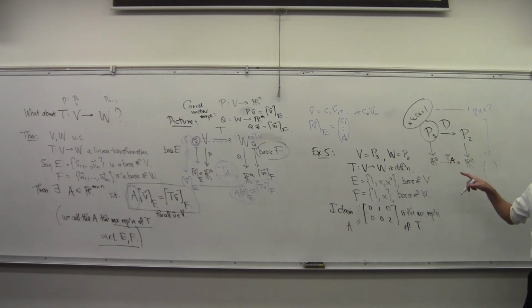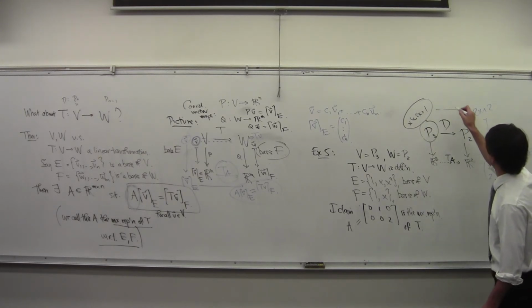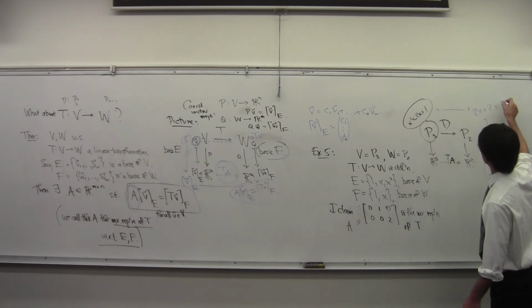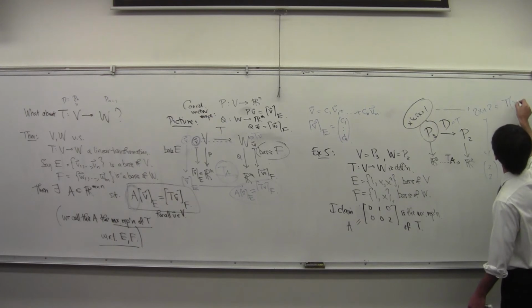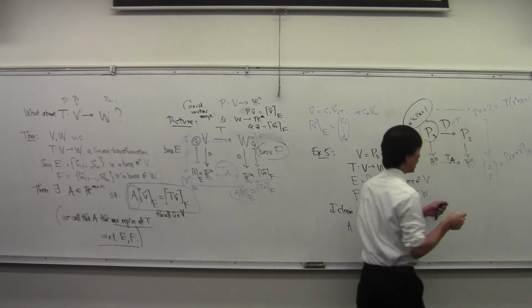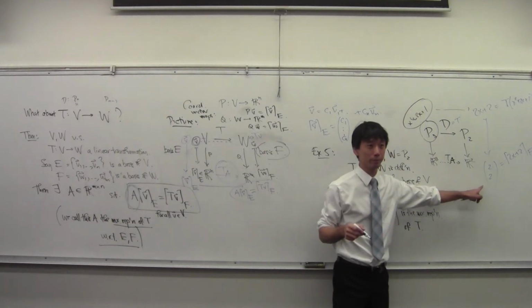Russ? 2, 2. Right, that's the coordinate vector. So this is x squared plus 2x plus 1, and we get 2, 2 down here.